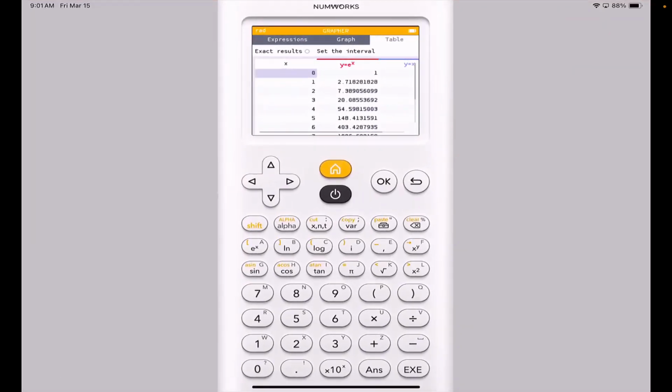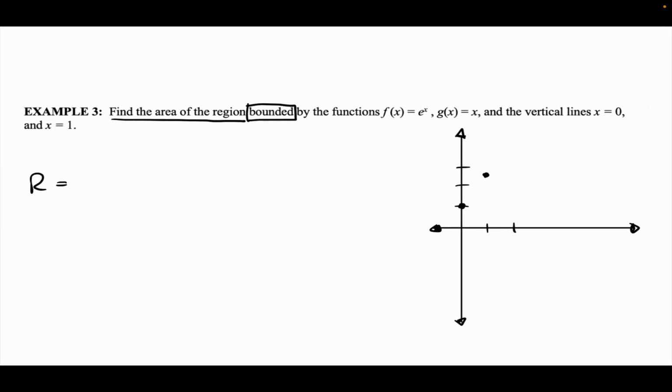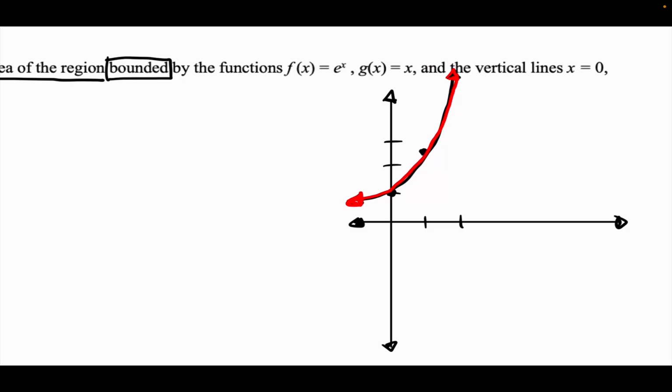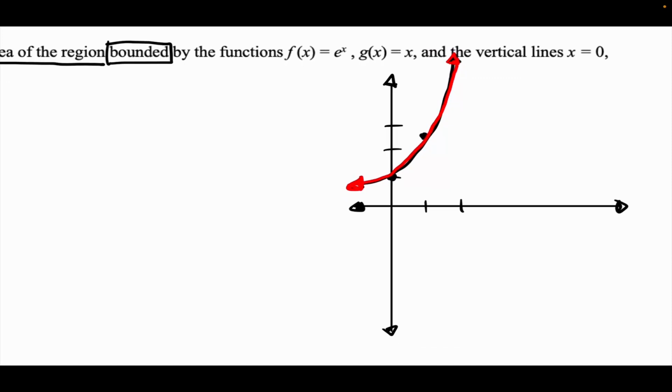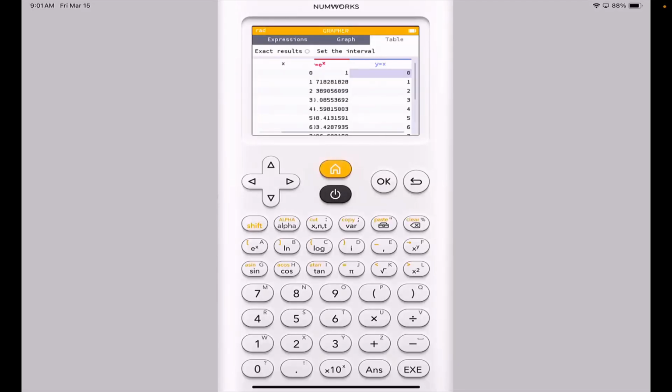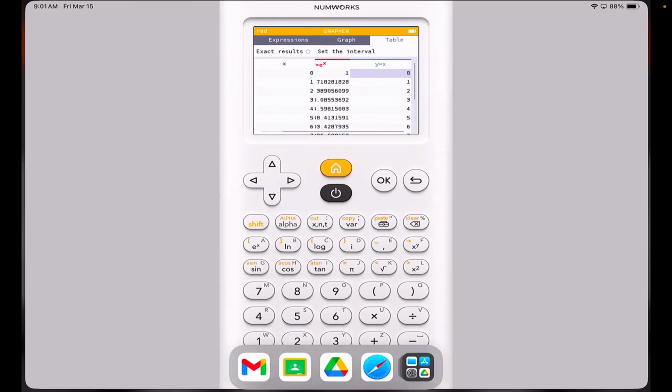And then 2, around 7.4, so this one's going to be going like this. Let me draw this in red. The other one, that table's there too. You just got to scroll down. First dot is at 0, 0, 1, 1, 2, 2.